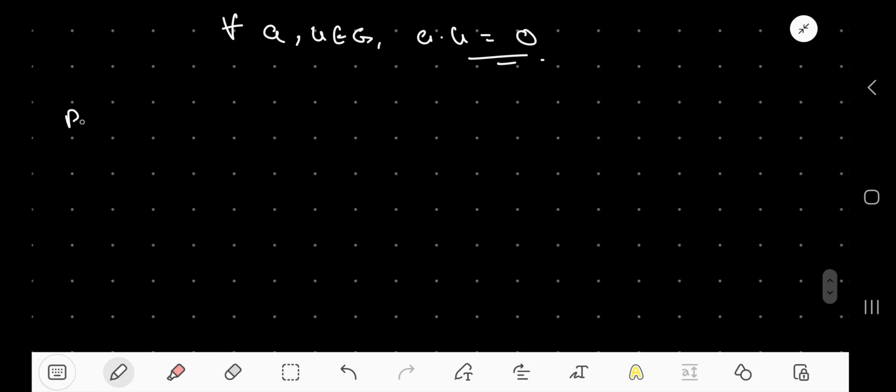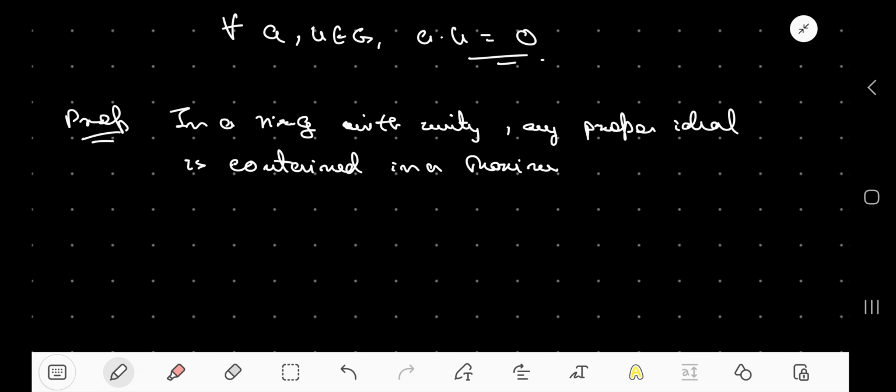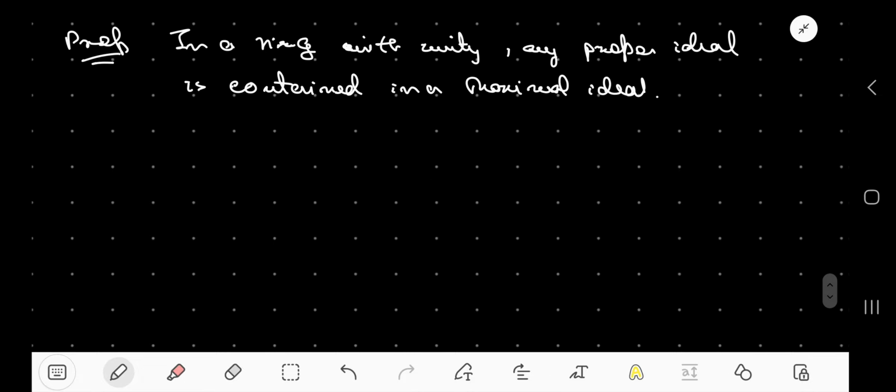But I need to characterize its existence because we have successfully defined it. To do that, proposition: in a ring with unity, any proper ideal is contained in a maximal ideal. Now how do we do that?